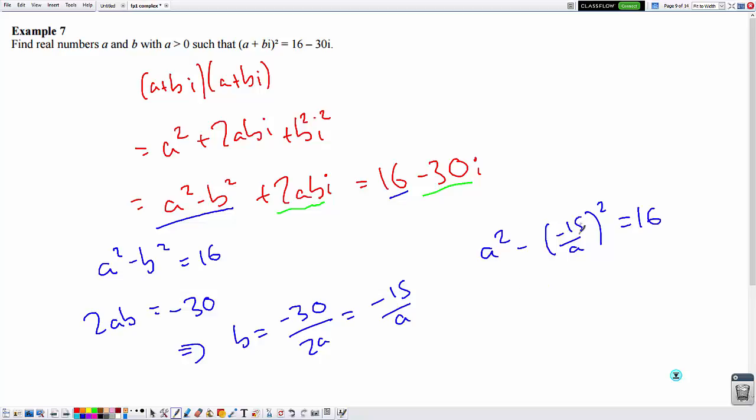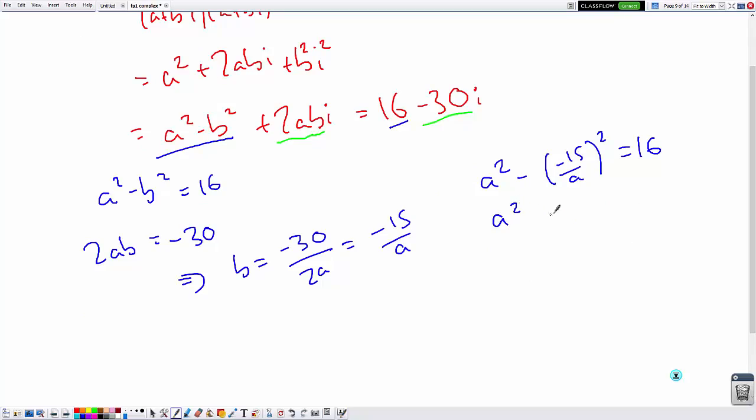All right, now we just need to multiply these things out and then solve. So this is a squared minus 225 over a squared equals 16. Multiply through by a squared gives me a to the power 4 minus 225 equals 16a squared.